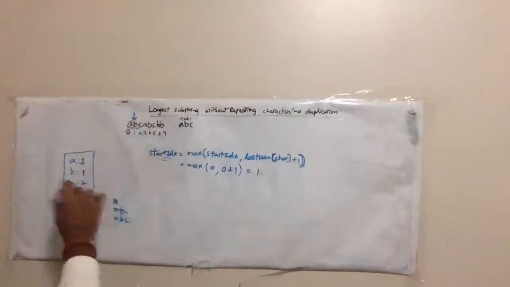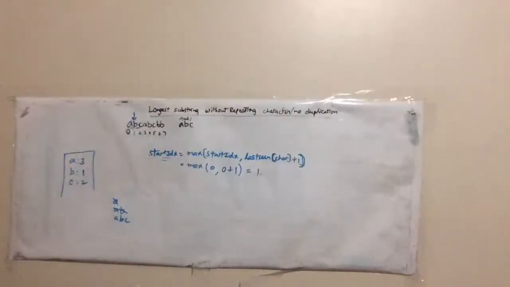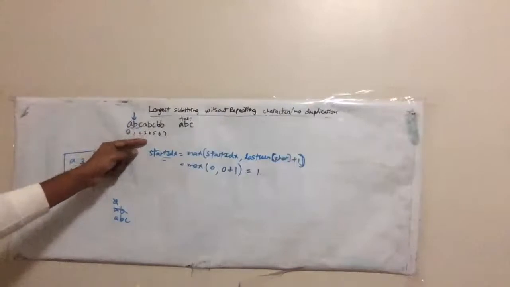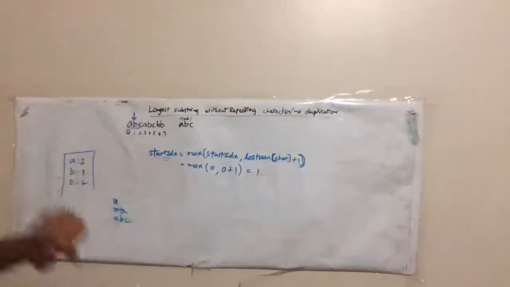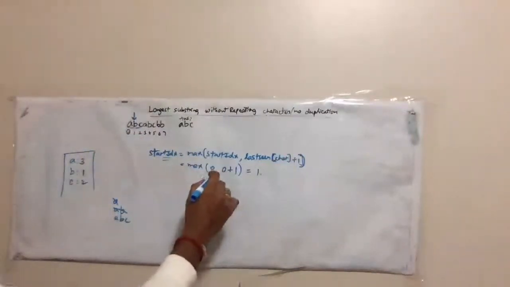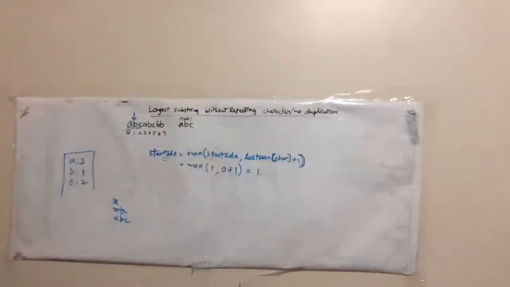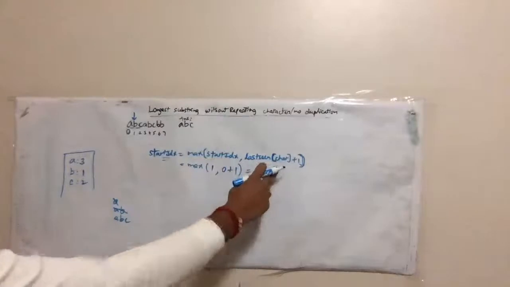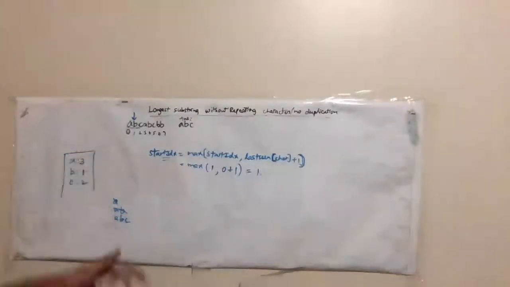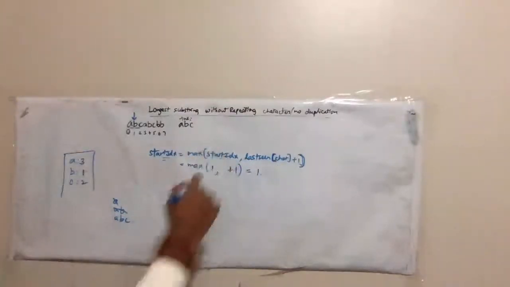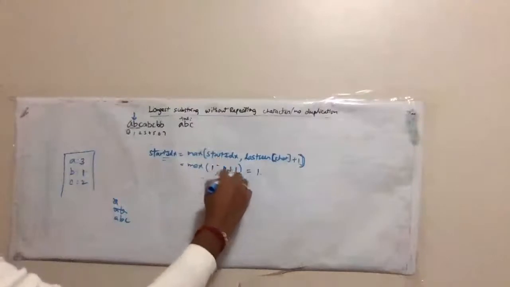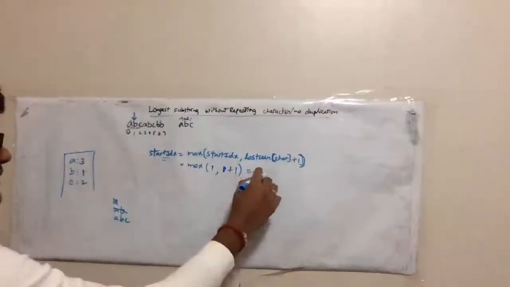Is B already present here? Yes. If it is already present, then the start index will be executed first. So what is the start index? We have got the start index as 1 here, and the last seen character B is present at 1. So 1 plus 1 is 2, the maximum is 2.